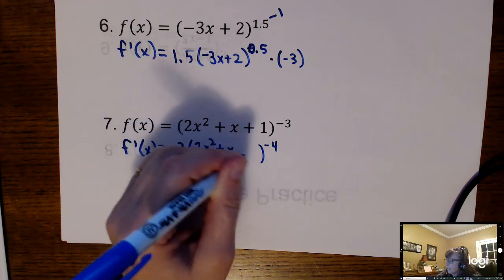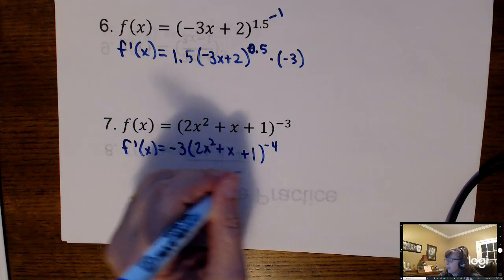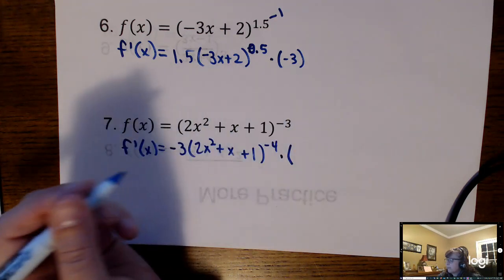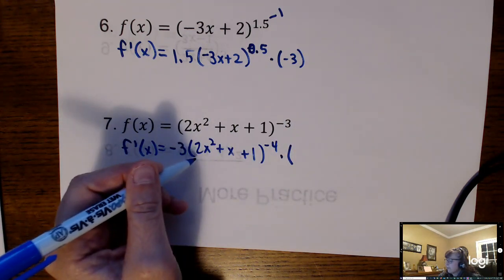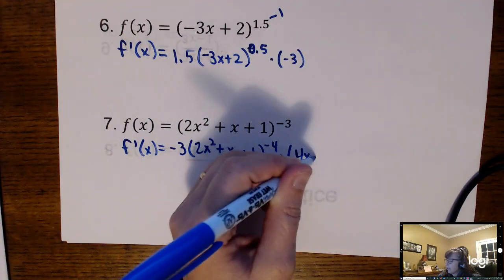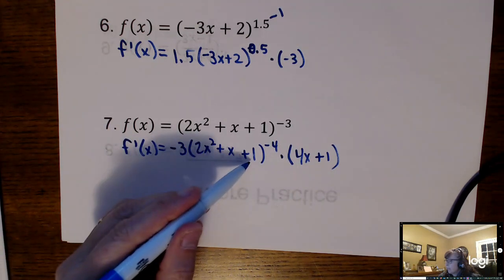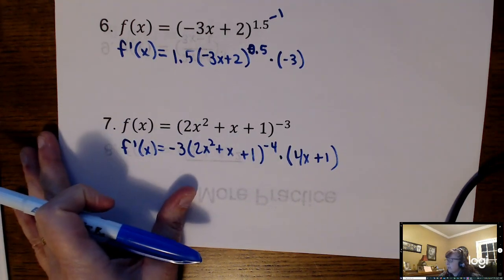And when I write down the inside, I'm not changing it. That's the derivative of the outside times the derivative of the inside, which would be 4x plus 1. So the chain rule is the derivative of the outside times the derivative of the inside.